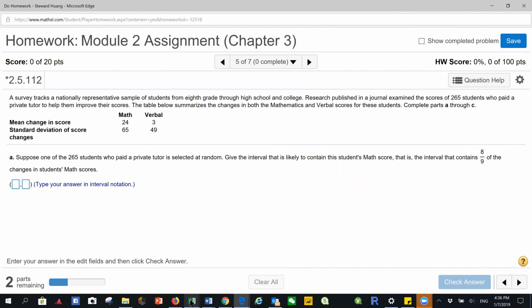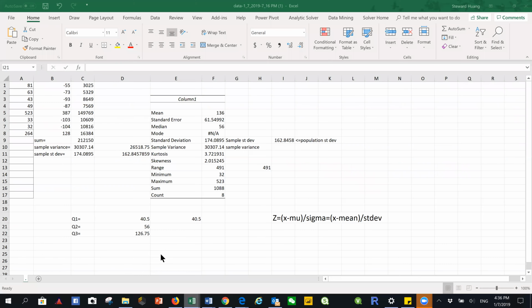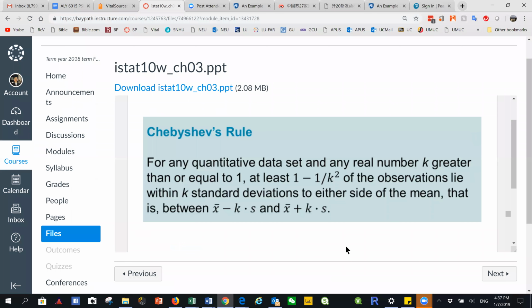So what you should do is x bar minus k times s, which is 24 minus 3 times 65. Enter, you will get the answer. And then what's the upper bound? Plus. You just change the minus to plus. You will get the answer. Okay? I will let you do it yourself.